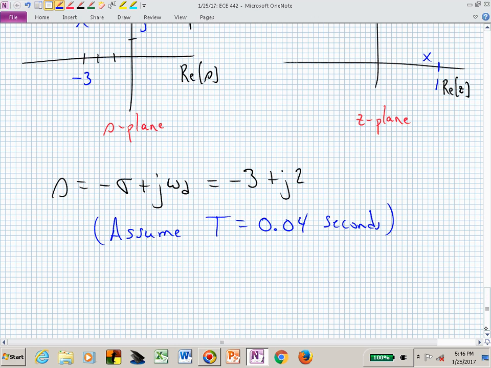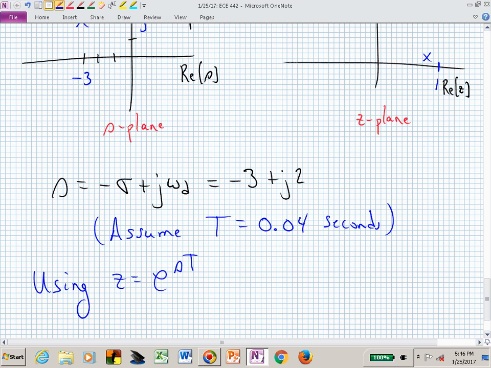What we want to do now is start to understand what we end up with when we look at z equal to e to the st. That's how z and s are related. And we sort of know what we have when we have a pole at s equal to minus 3 plus j2. What does that correspond to if you had its twin, its conjugate, down below at minus 3 minus j2?